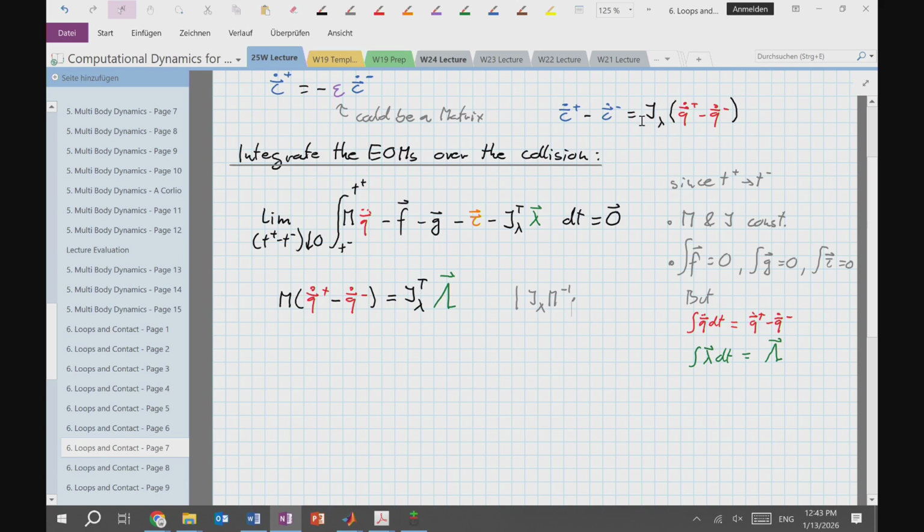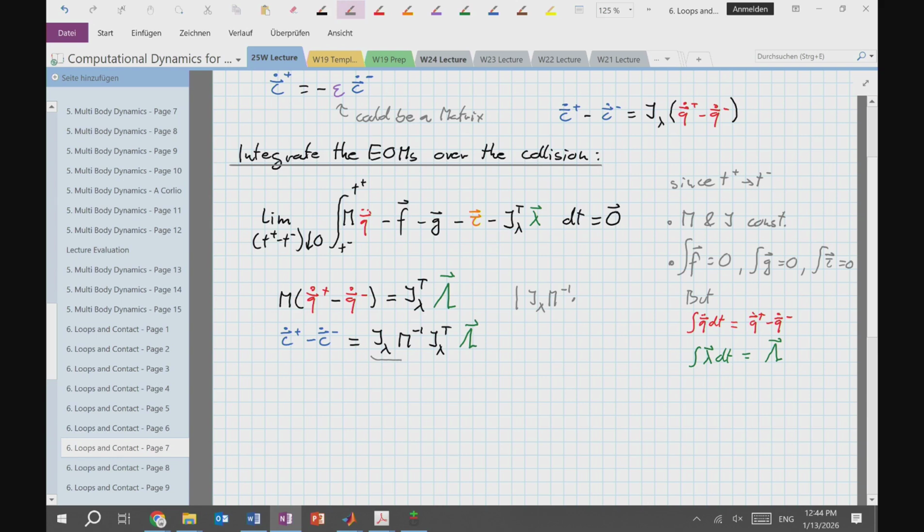So on the left-hand side, I'm getting this term here, which is equal to the jump in constraint space or contact space velocities, c dot plus minus c dot minus. And on the right-hand side, I get j lambda, m inverse, j lambda transposed times lambda.